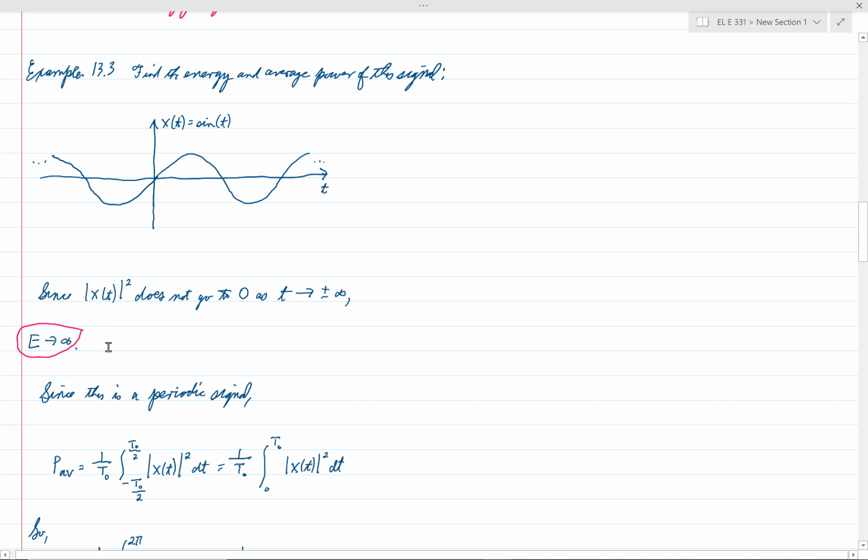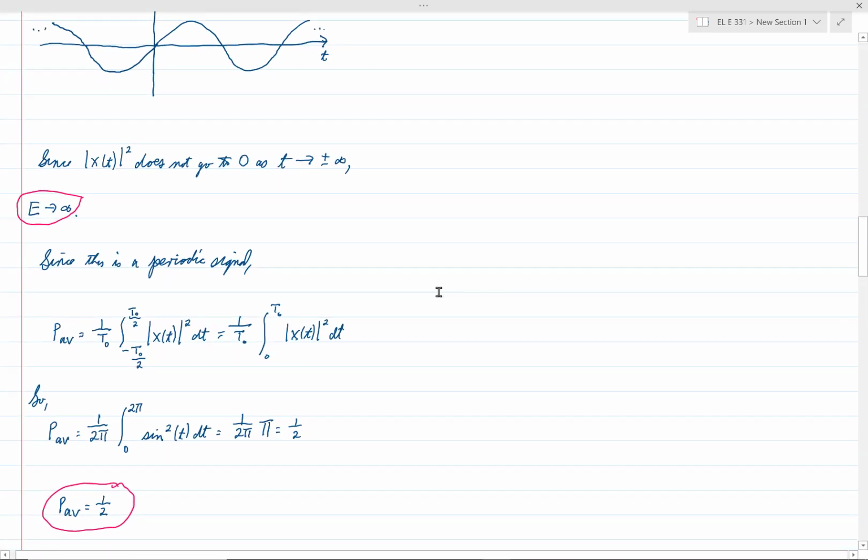E goes to infinity. So now let's try to calculate the average power. And remember that the calculation of the average power becomes a little bit easier when it's a periodic function. And this is a periodic function in this case. In the case of a periodic signal, the average power is just 1 over T0, which is the fundamental period, times the integral.